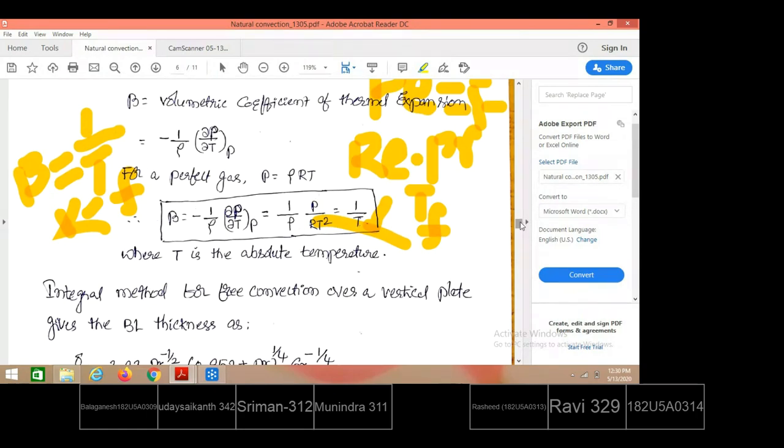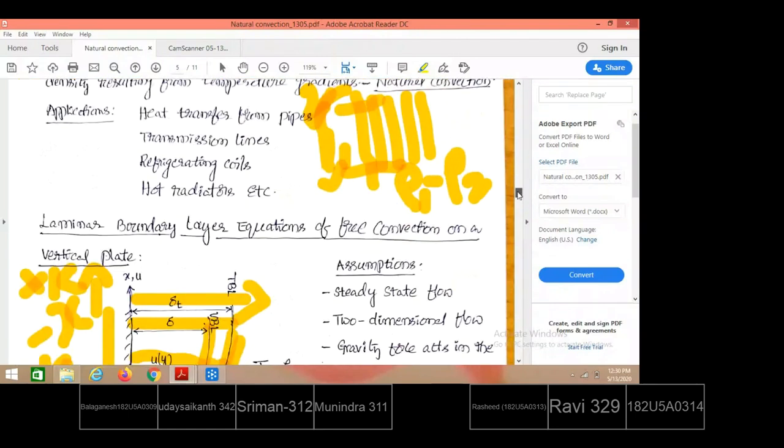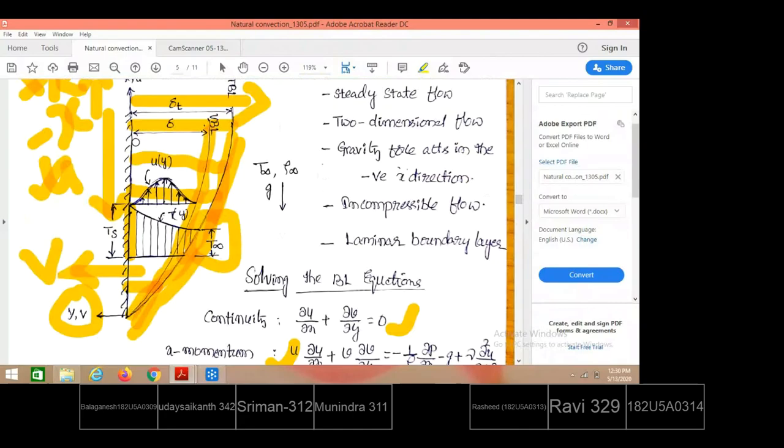After knowing that, you have seen there is a development of boundary layer. From here to here the hydrodynamic boundary layer is developed, and from here to here the thermal boundary layer is developed. The thermal boundary layer is up to here, the velocity boundary layer is up to here.